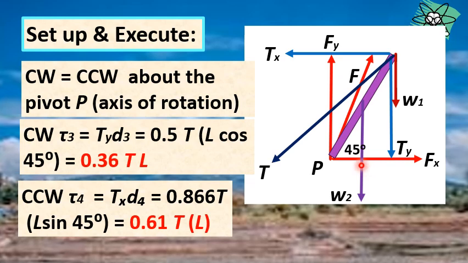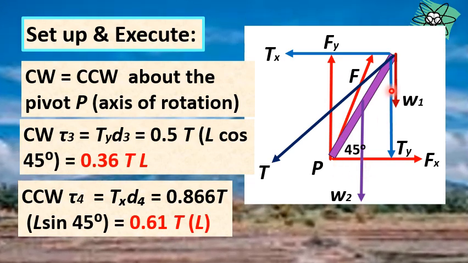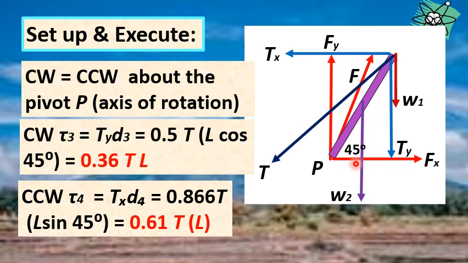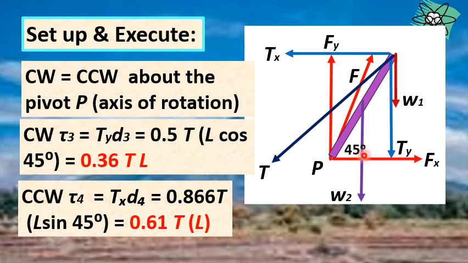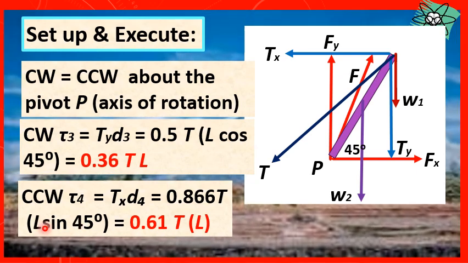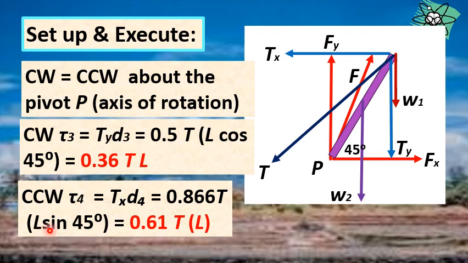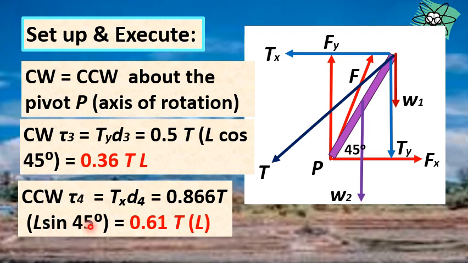All right? And that happens to be the opposite side of the imaginary triangle opposite to the angle 45 degrees. That is why d4 is also expressed as L sine 45 degrees.